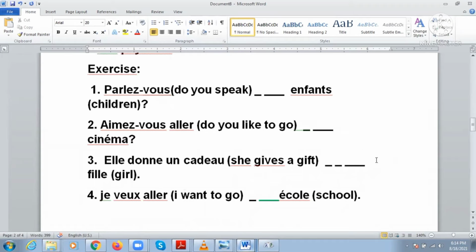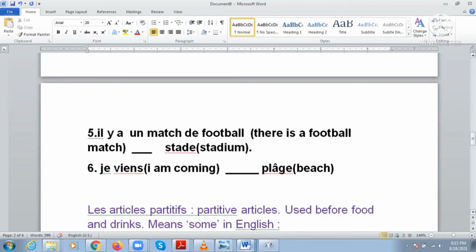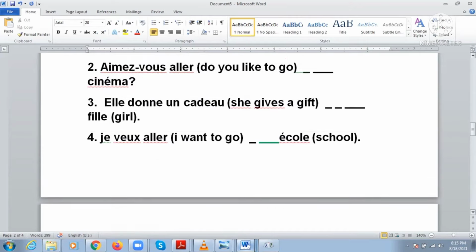Mixed as in either it can be au, it can be à la, it can be du. These are just contracted articles, but it can be à la, au, du, any kind. So according to the sentence, you are going to fill in. There are a total of 6 sentences. Complete your first 4, then ask me to scroll down.